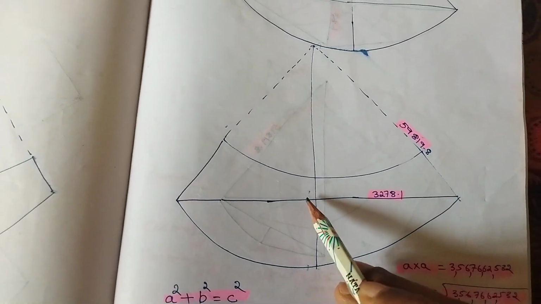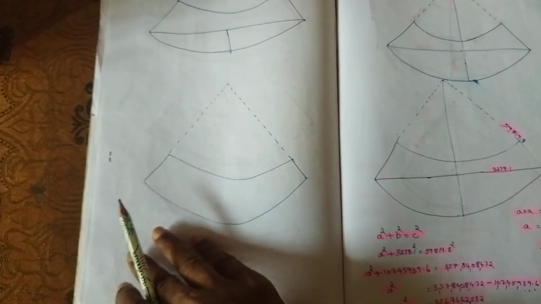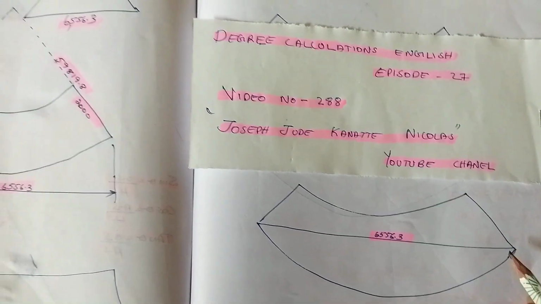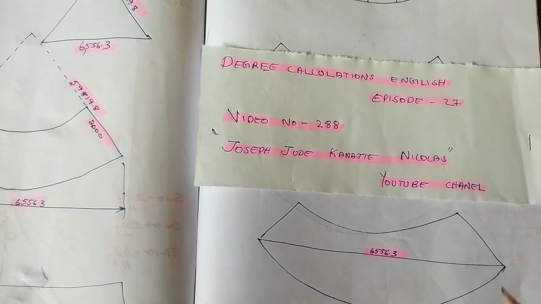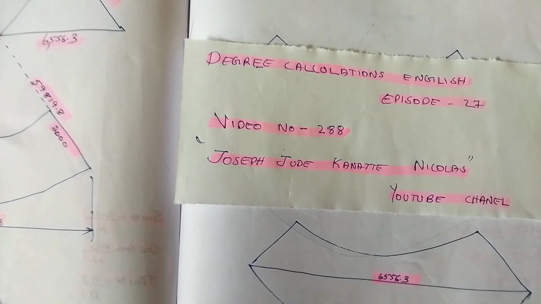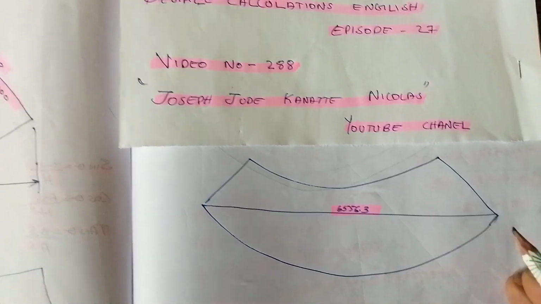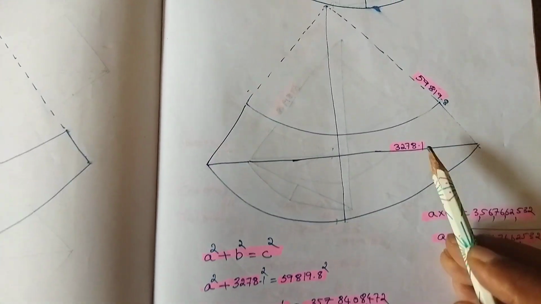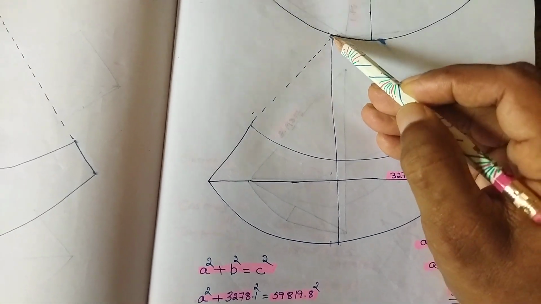This is the measurement from the center to this portion. How did we get it? In development, we have already got 6,556.3. Its half, from center to end, is this measurement, 3,278.1. Using this measurement and this measurement, we can find out the measurement from here.